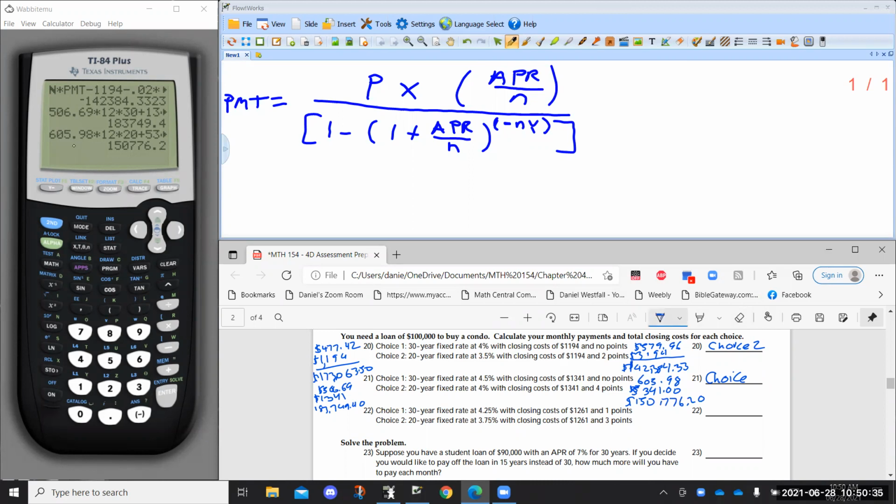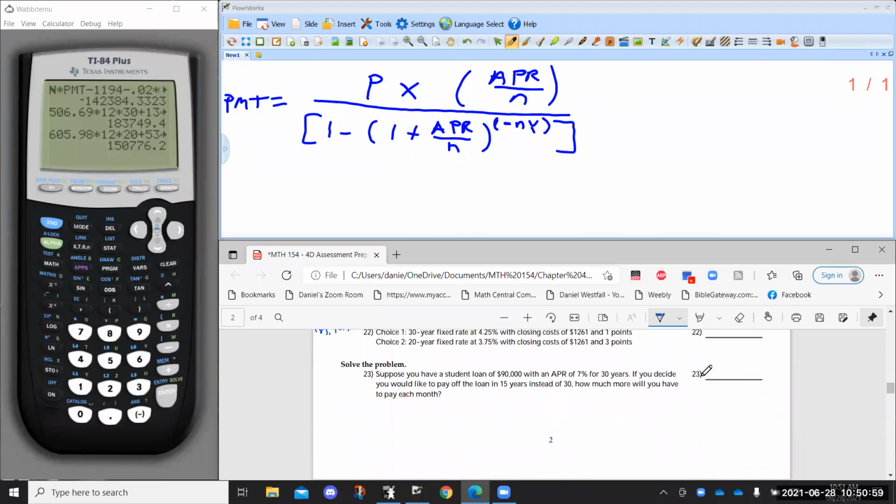The options there, which one do you pay more for? Should go with choice 2, it looks like, right? Because you would save not quite $33,000 that way. Okay. On to number 22.